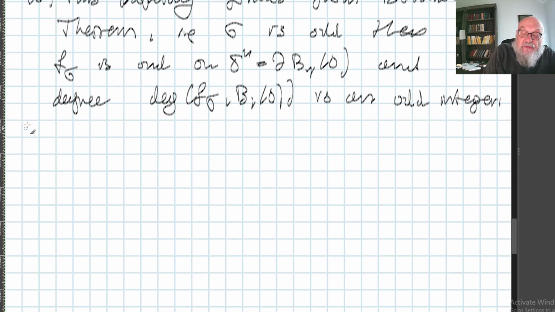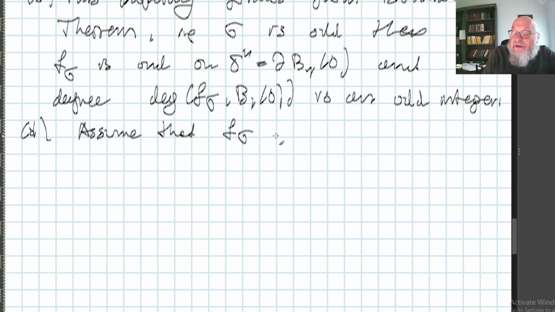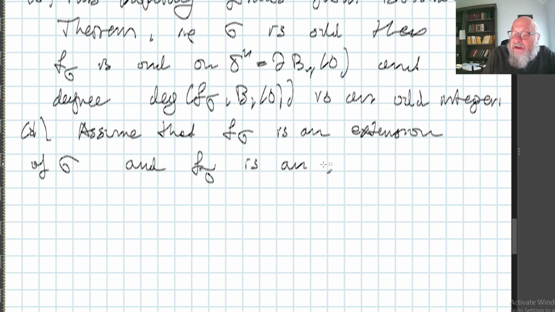So now let's finish it and prove D. Assume that we are also given two extensions. f sigma is an extension of sigma, and f tau is an extension of tau.